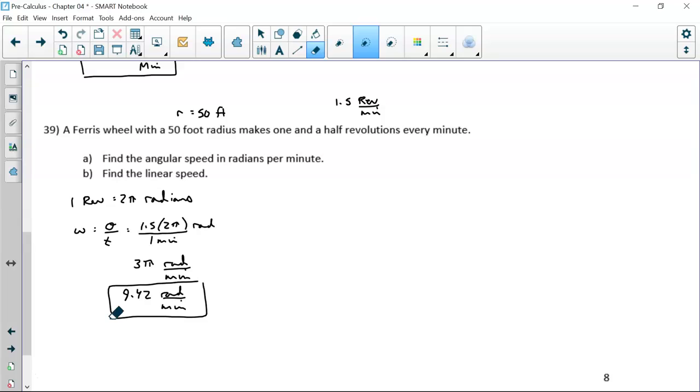Now we want to find the linear speed. Now the linear speed is the arc length over t, and once again that's theta r over t. We can use the fact that theta over t is our angular speed, so that linear speed is going to be omega times r, the radius. Omega, we just found, it's 3 pi, times the radius, which is 50.